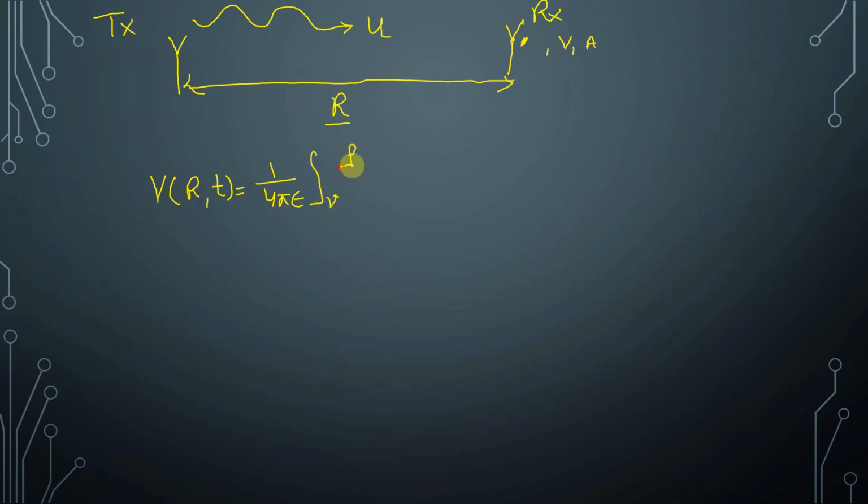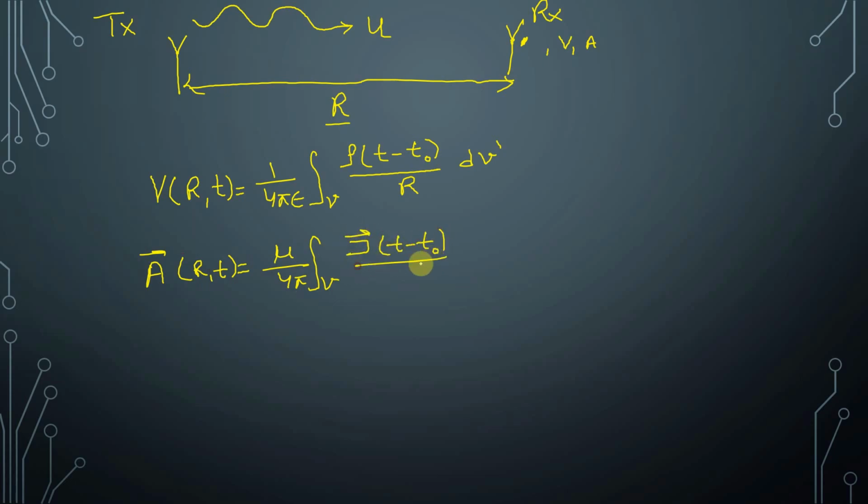Now this charge density rho is varying with time, and this delay effect is also considered: rho of T minus T naught, divided by R. Similarly for this A of R comma T will be equal to mu upon 4 pi volume integral J of T minus T naught divided by R dV.